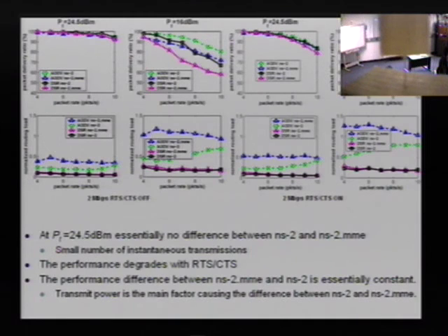Well, that's what we observe, first with NS2-MME. However, the difference is almost the same between the results of NS2 and NS2-MME. So this means that the difference is actually coming from the transmit power. It depends on the transmit power.